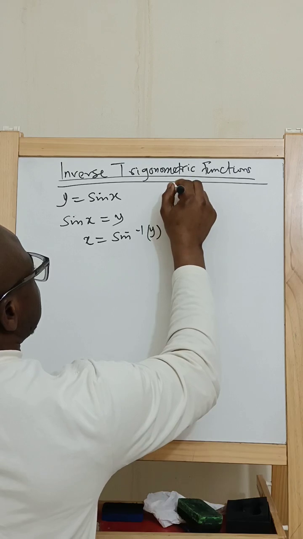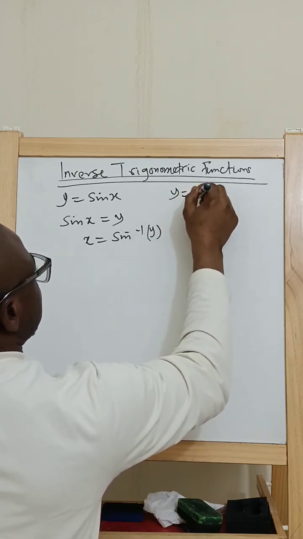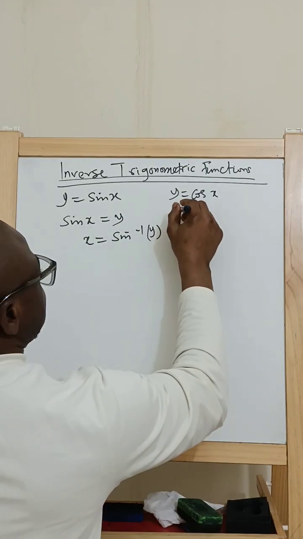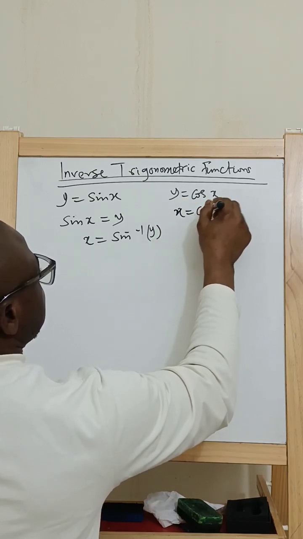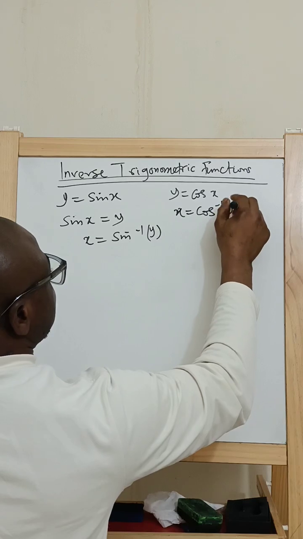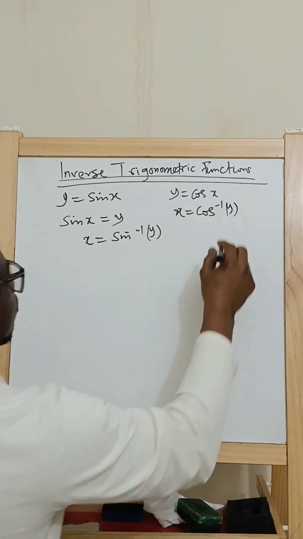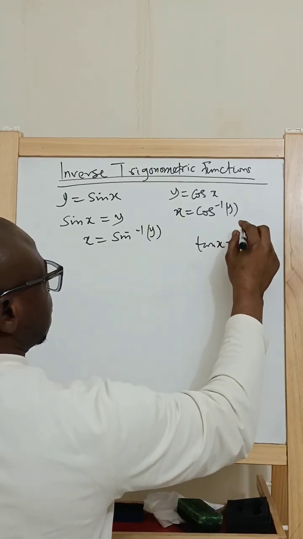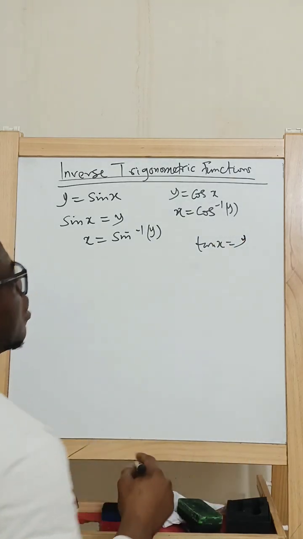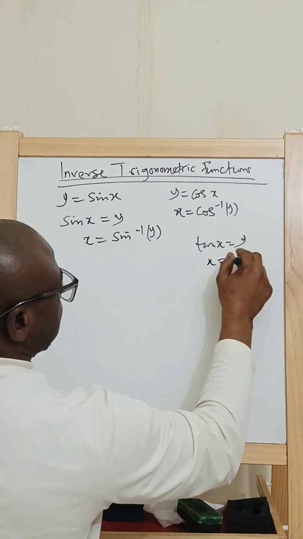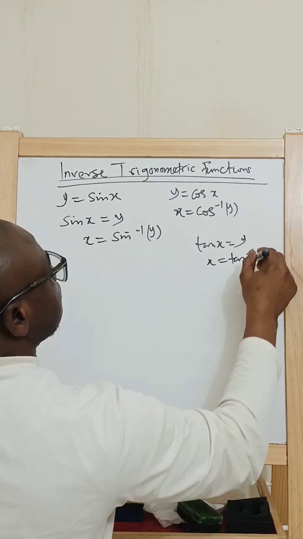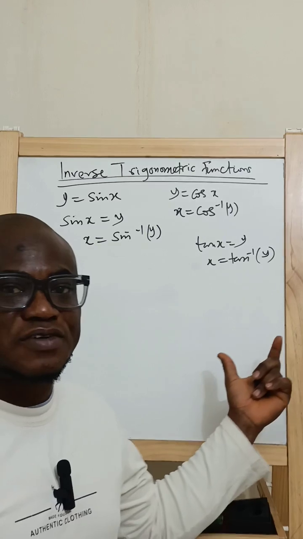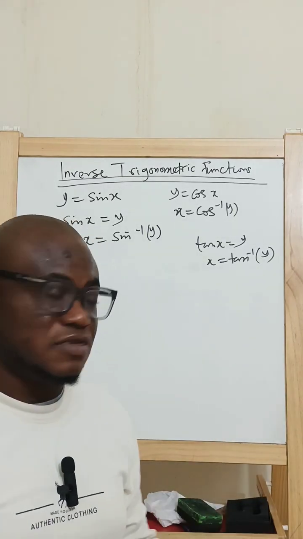Also, if you have y equals cos x, the same thing: x is going to be cos inverse of y. The same thing for tan: if this is equal to y, then x is going to be tan inverse of y. This is what we call the inverse function.